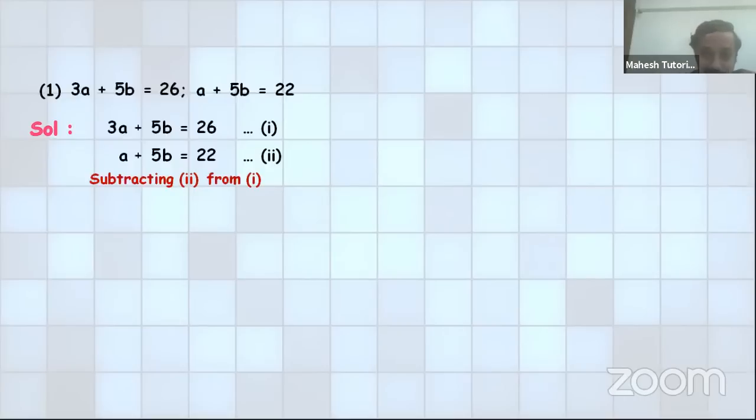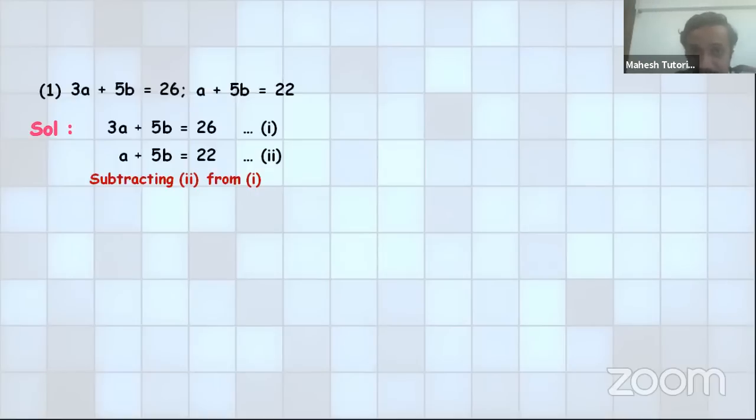Now students, remember, while subtracting the two equation, that small word from is very important. The reason behind it is, from के बाद जो equation number होता है ना, वो पहले आता है, and from के पहले वाला जो equation number होता है ना, वो बाद में आता है. मतलब बाद वाला पहले, पहले वाला बाद में.